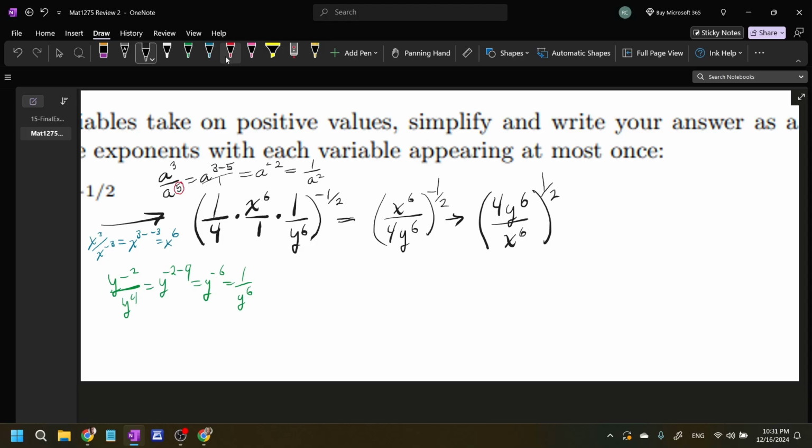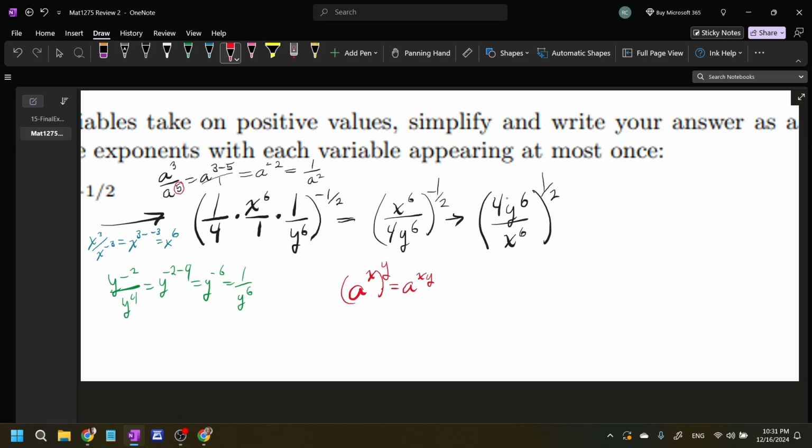Remember that a to the x, which is then raised to the y, is the same thing as a to the xy. Because raising an exponent to another exponent, we just multiply the exponents.